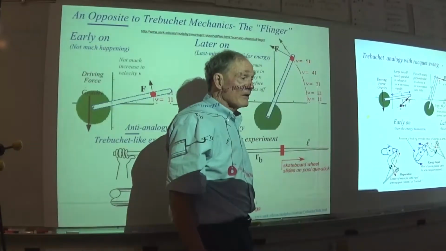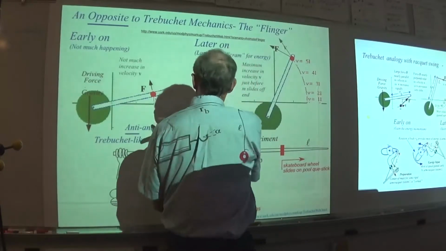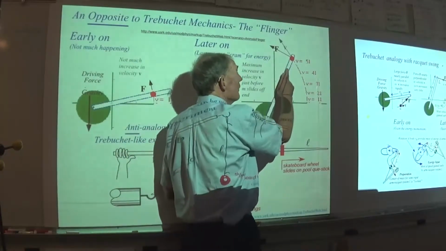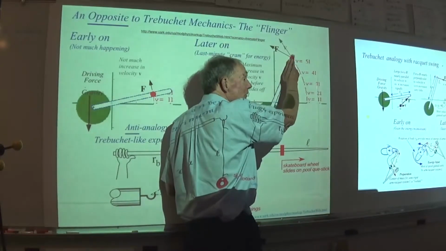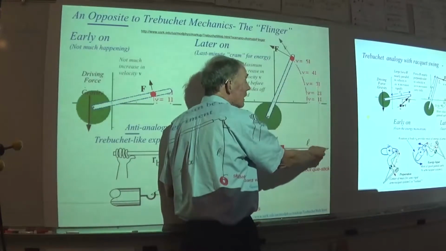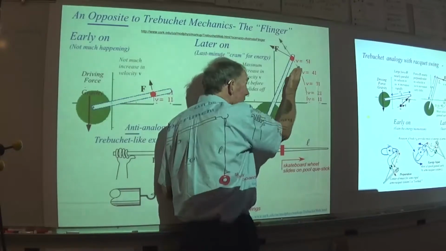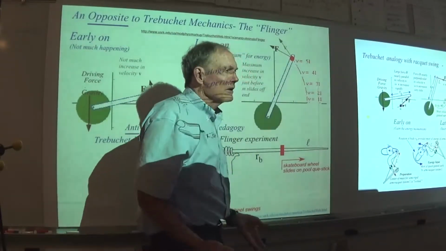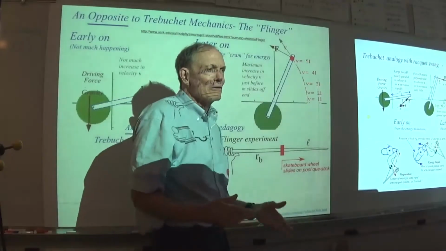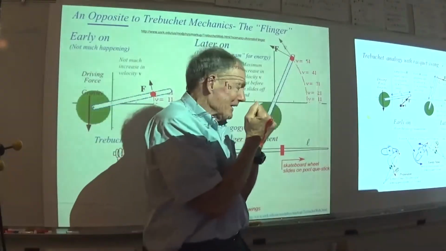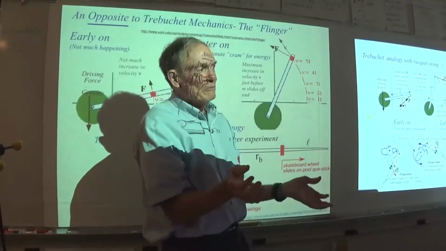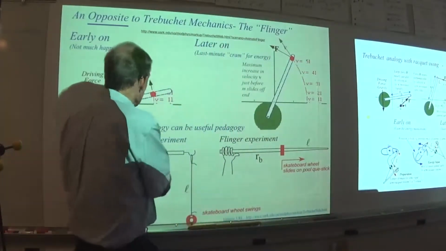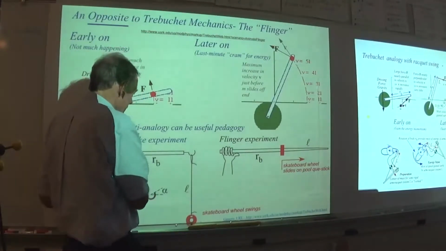But this is the opposite of the trebuchet, because what this one has to do is, at the very last minute before it leaves the end of the lever, that's when it's gaining its velocity. It's kind of like how people take exams around here: you wait till the last minute, study like hell, and don't get quite as good a result as if you had prepared early, as we do with the trebuchet.